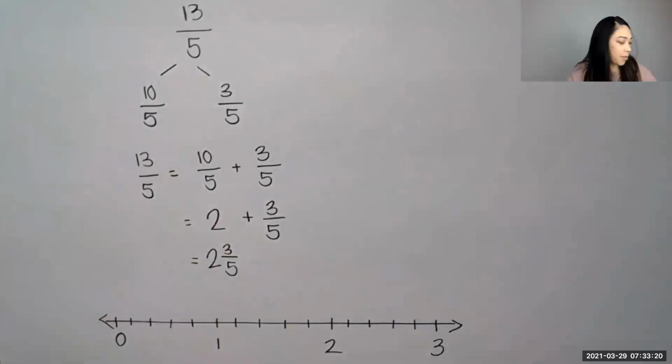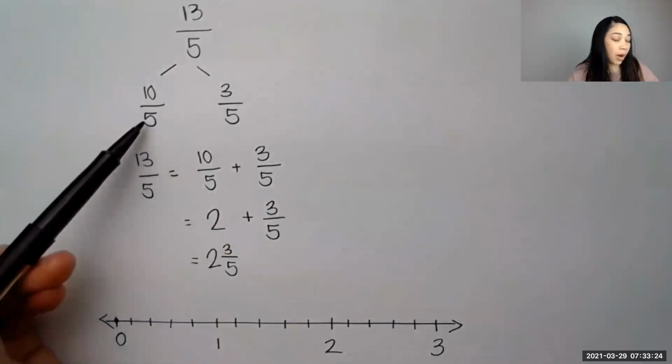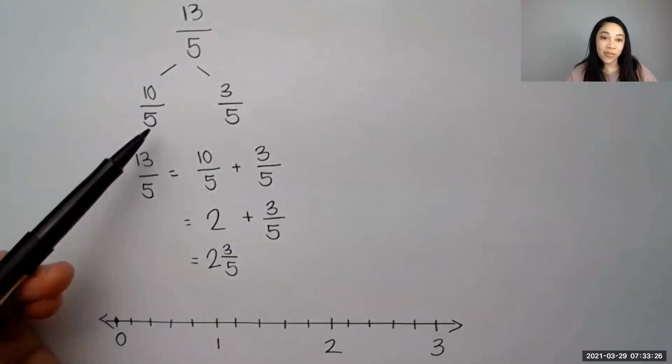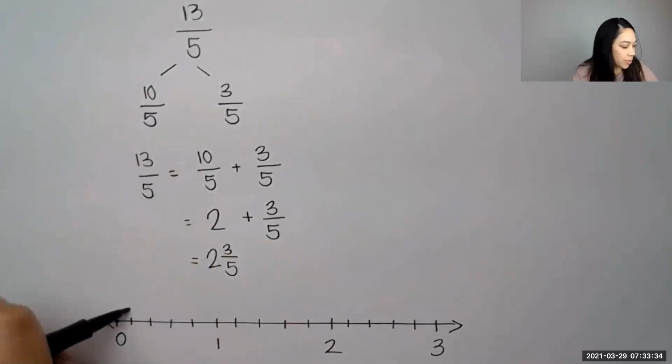We'll start at 0, and our first part is 10/5. 10/5 equals 2. So from 0, we jump to 2.